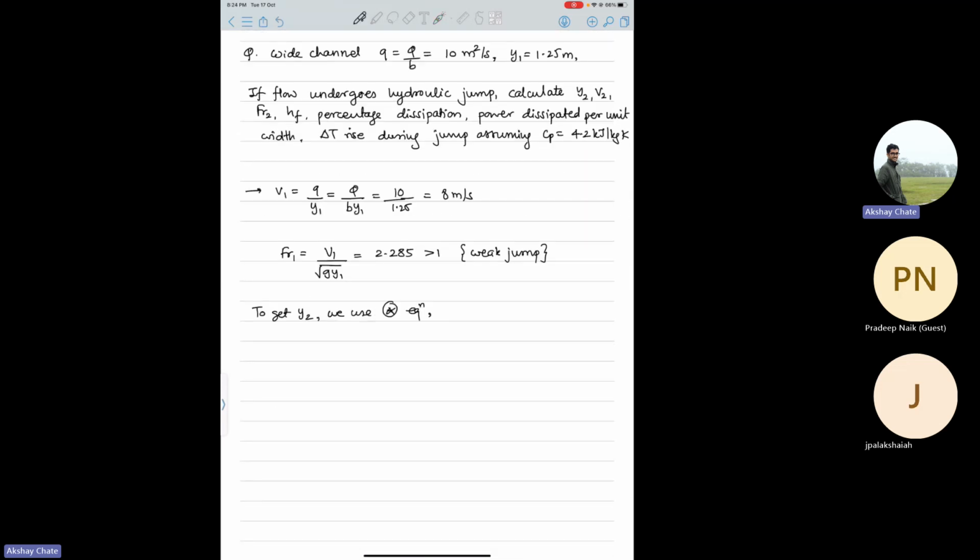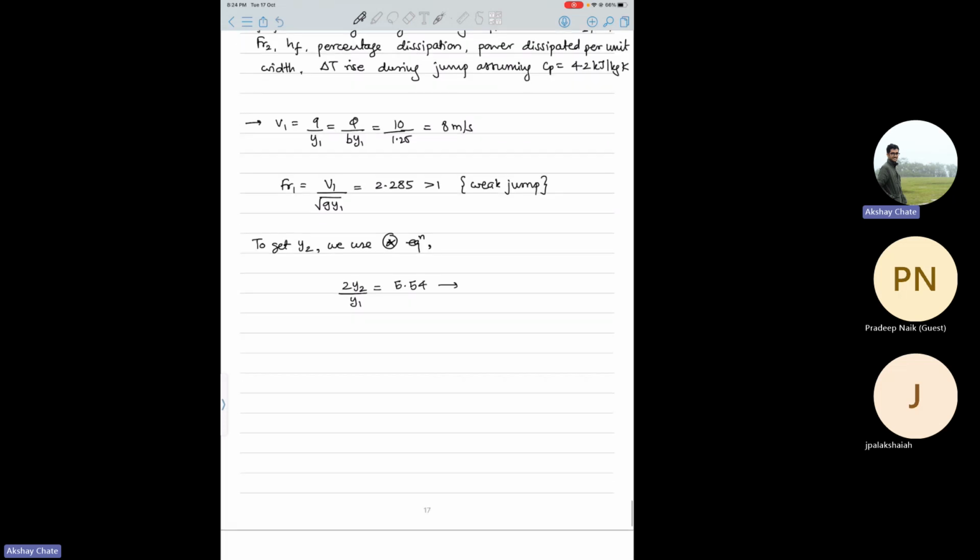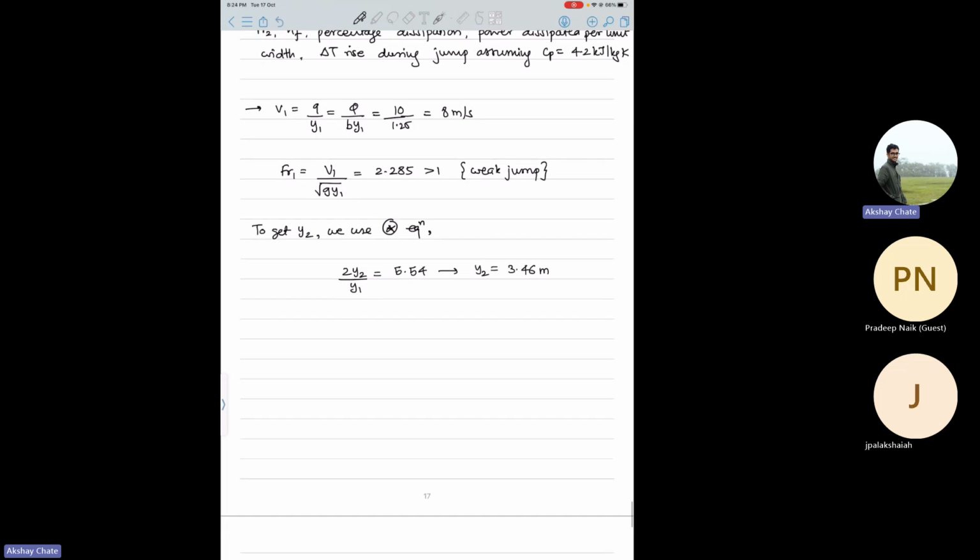I'm skipping the algebra here because I don't have enough time. So this becomes 2y2 by y1 as that expression. If you solve it, you should get 5.54. And then you solve for y2, putting y1 as 1.25, which is given. You get 3.46 meter. So this is your downstream flow height.